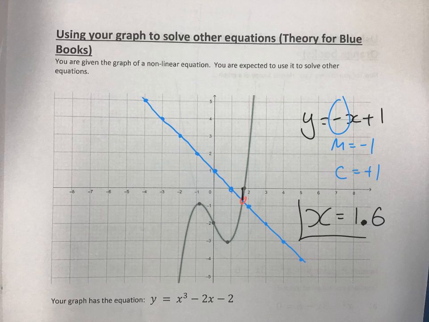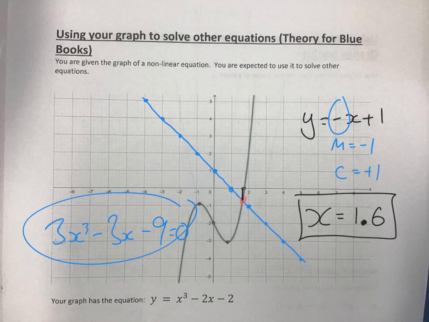It's more to do with, have you drawn the line correctly, and have you tried to read off the x-coordinate? So that is the last solution, and you will see the equation appear on the screen shortly. Okay, so x equals 1.6 is the only solution to our equation. And we're solving these graphically. That's what makes this tricky.